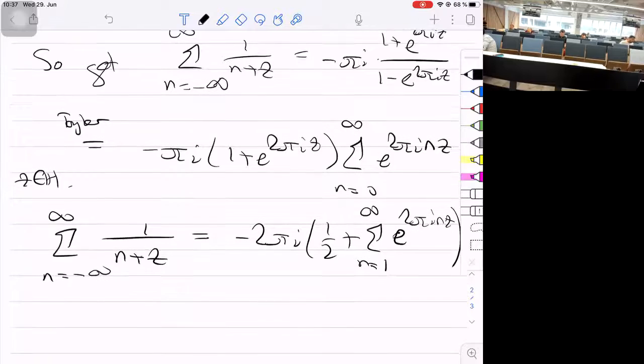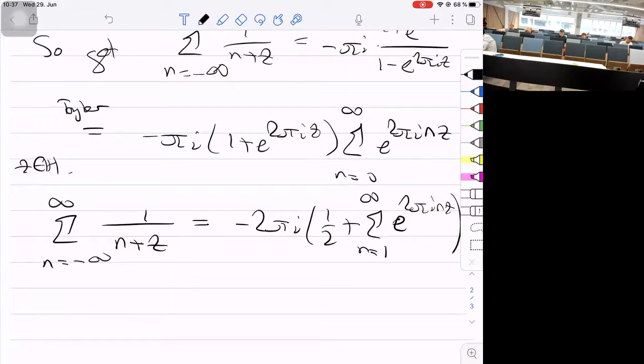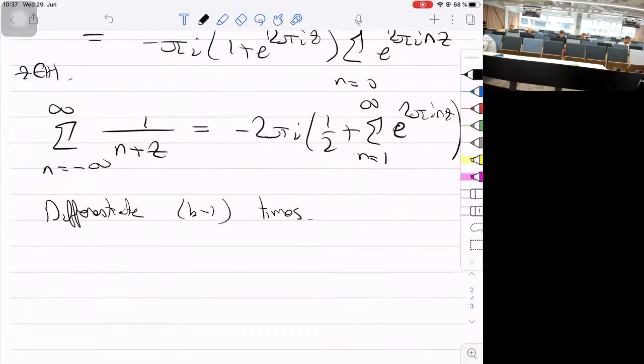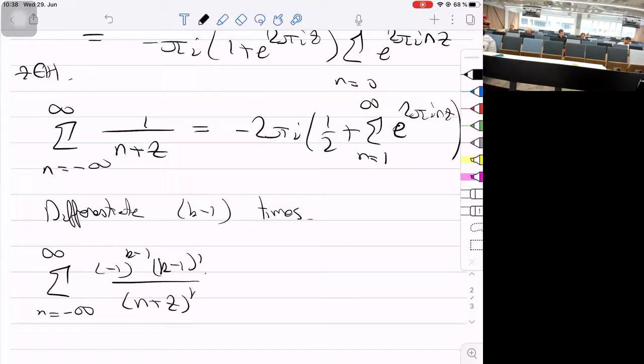And now we want to differentiate that k minus 1 times. On the left-hand side, we get a (-1)^(k-1) and (k-1) factorial, and we change the power.